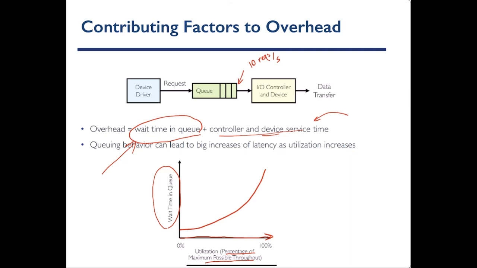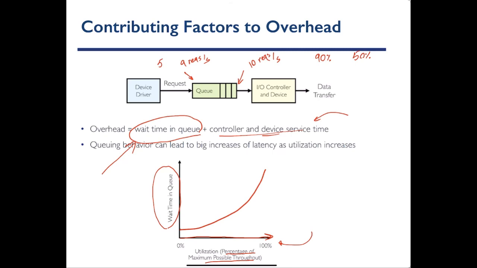Now, if you send 9 requests per second, then your utilization is 90%. If you're sending 5 requests per second, your utilization is 50%. So here the utilization is on the x-axis, and the wait time is on the y-axis. Now, this usually is correct for most of the queues that you will see in your life.